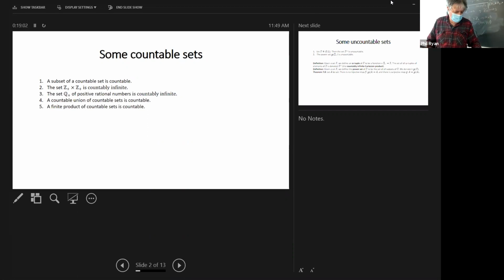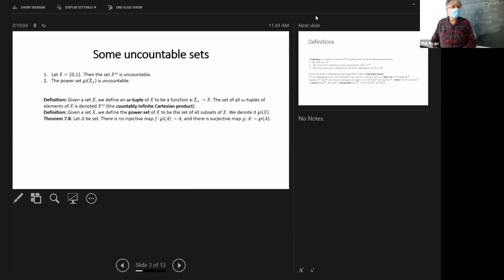Let's do something more interesting: what are some uncountable sets? And so here are 2 examples. From before we saw that a finite product of countable sets is countable.